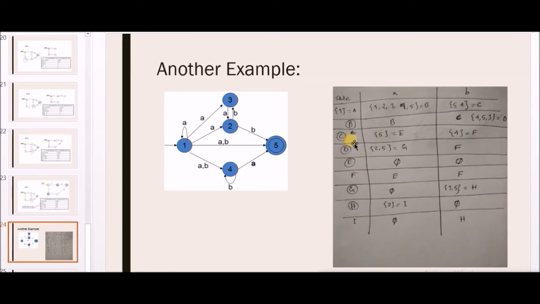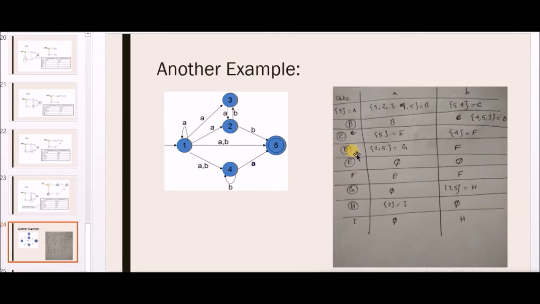From C, which is 5, 4, for alphabet A I will be able to go to state number 5 only. So this is a new state, I name it E, and for alphabet small b I will be able to go to another new state which is 4 and I name it F.